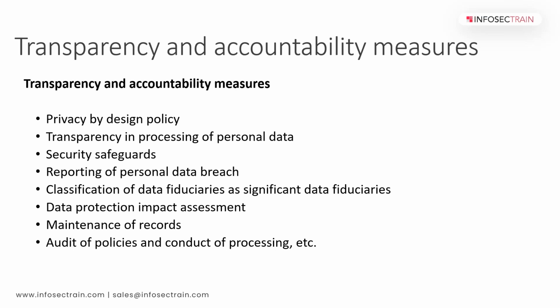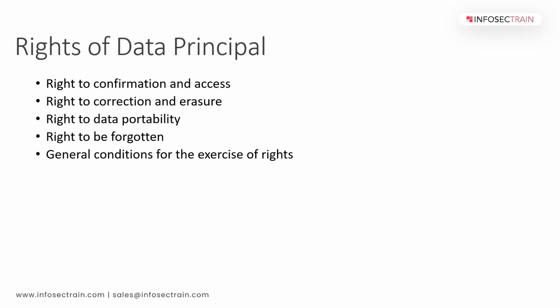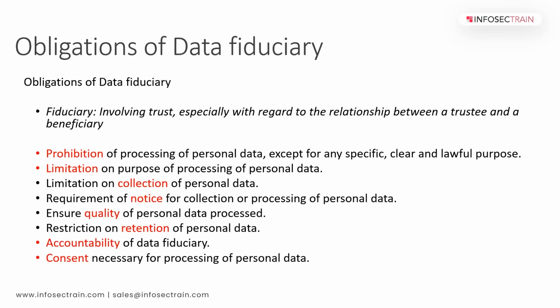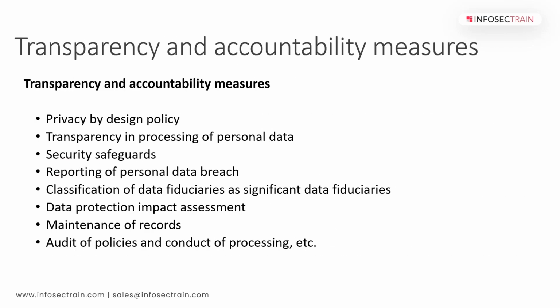So accountability measures, this is what we have. How are we going to ensure that the process we have defined here is measured and controlled? That's what is given here: the way you are going to control, and what control measures we have. So you need to have a process for this.